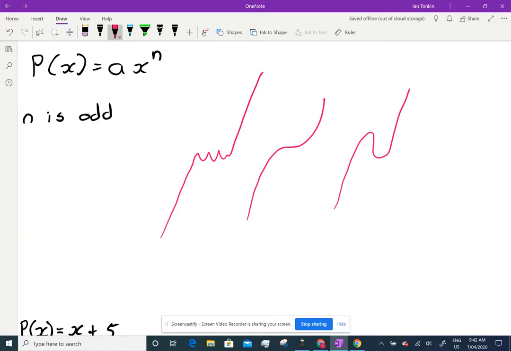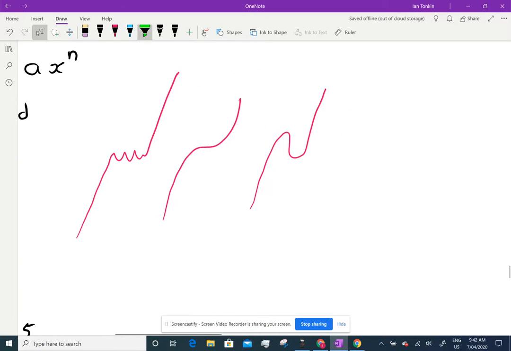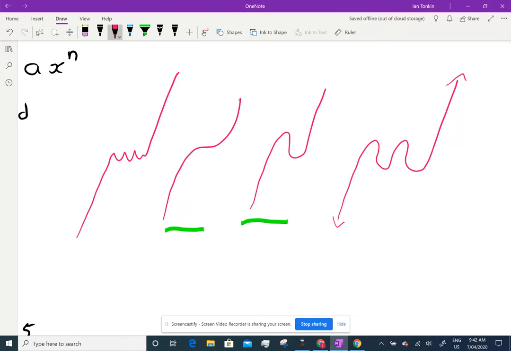A cubic could look like that. If n is 5, it could look like that. It could look like that. It could have 2 lumps. And you're thinking to yourself, it's always going to start and finish going that way.